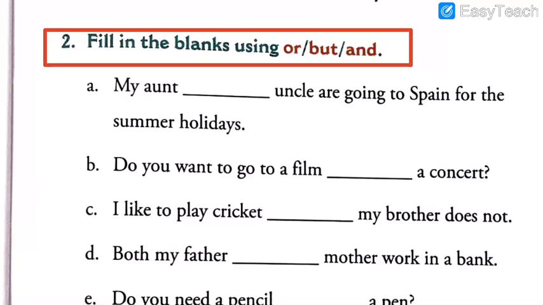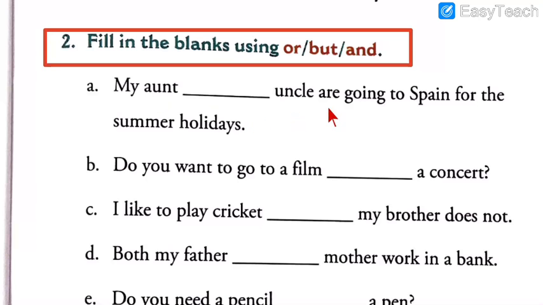So please make sure you try to solve it on your own without the help of anyone. Anyways, I'm going to write the answer on the screen. So try to solve it before I solve it on the screen. I suppose you should be ready now. Let's get started. Question A. My aunt dash uncle are going to Spain for the summer holidays.